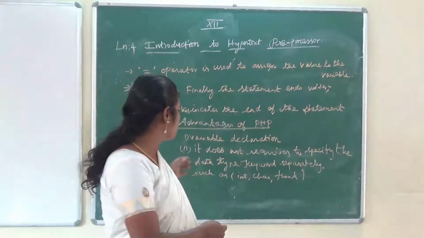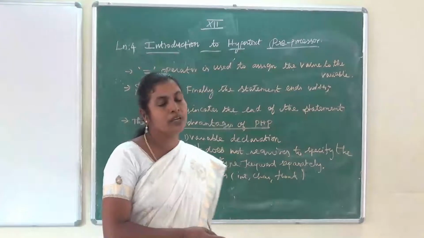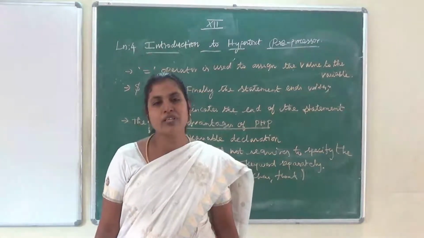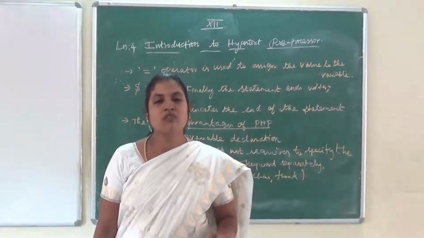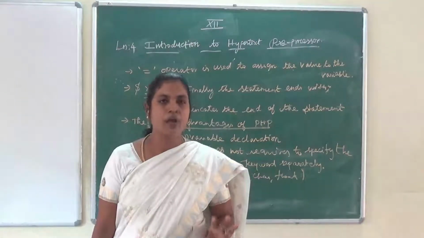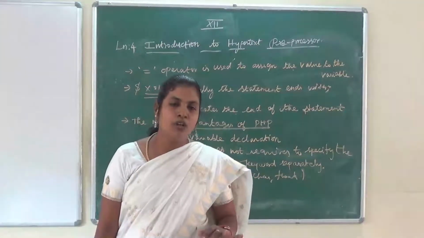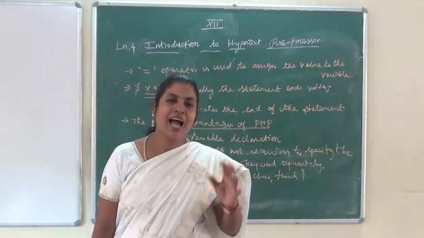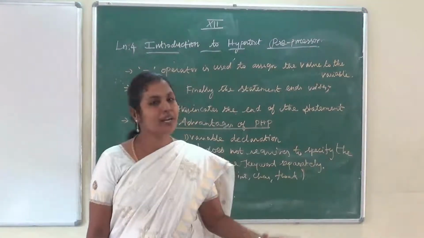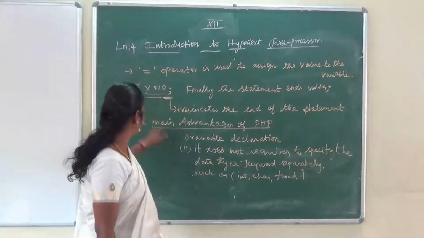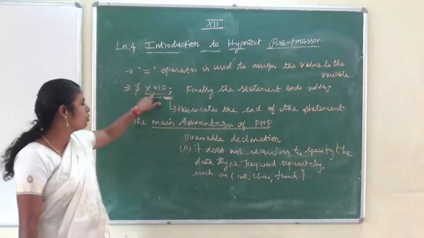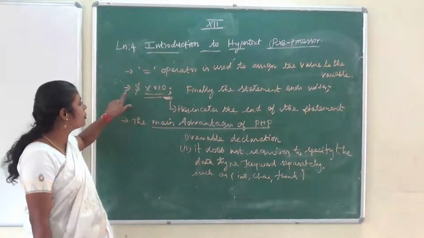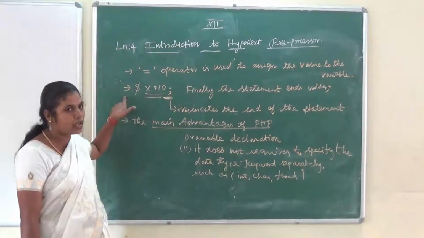But when we specify a variable in the PHP programming language, there is no need to specify any data type. Based on the input value, the program can understand what type of data it is. That's why here also you see $x is equal to 10 I have written, and before it I didn't write any data type.